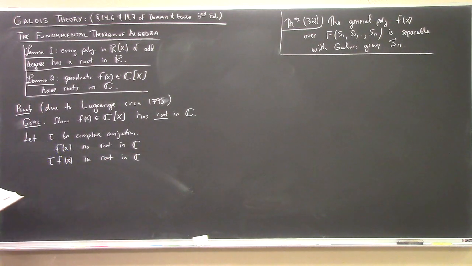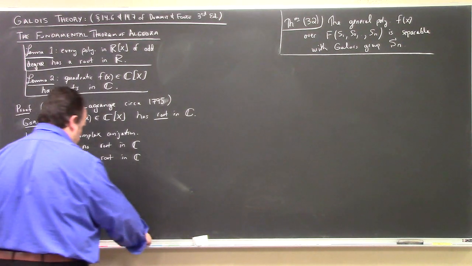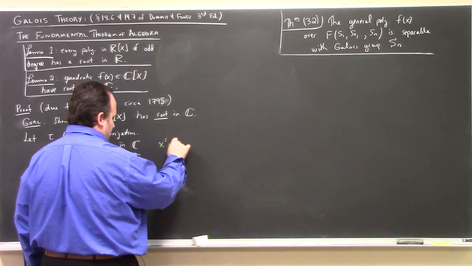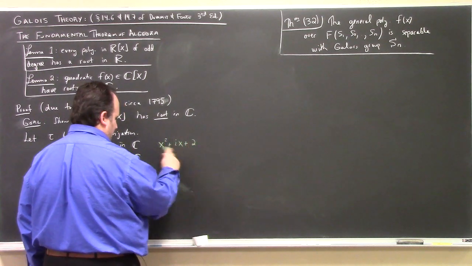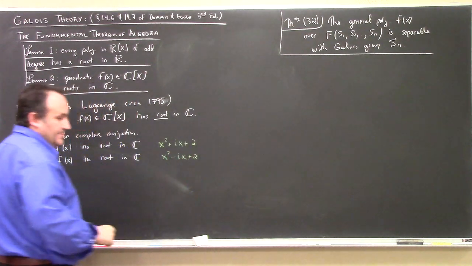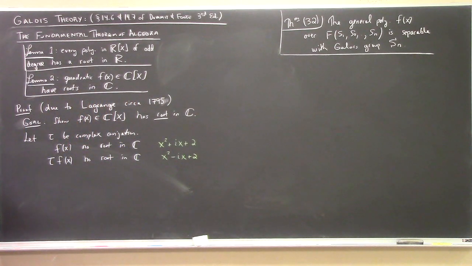Let me just make that more explicit. It'll be something like x squared plus ix plus 2. The conjugate of that would be x squared minus ix plus 2. That's what he means by the conjugate of the polynomial. We're dealing with complex coefficients, so that's what the conjugate of it would be.